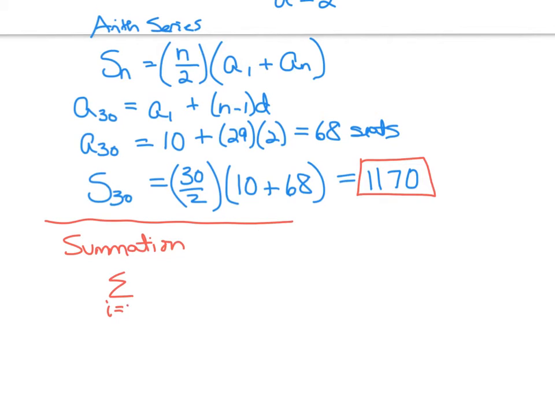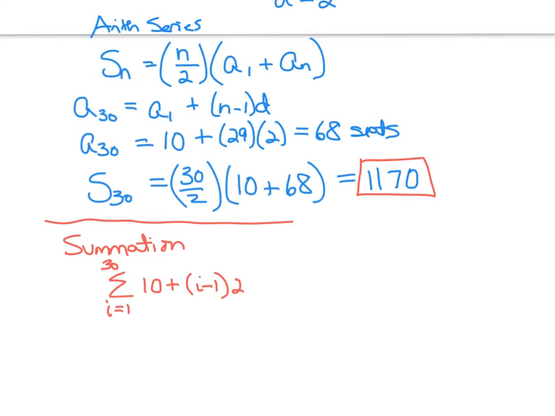So I'm going to say I starts with row number 1 and goes up to 30 rows. So remember what we have to do to find out how many seats are in each row. We have to take our original 10 seats in the first row, and we have to add, in this case, since I stands for the row number, I minus 1 times the common difference.